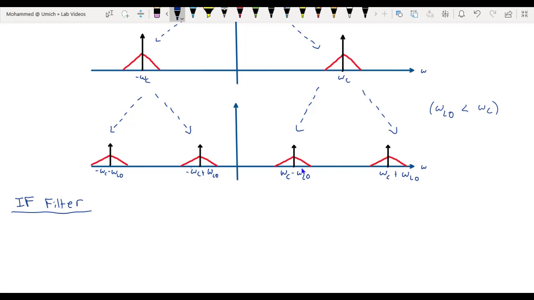Now notice that by choosing a certain local oscillator frequency, we can use the local oscillator to shift the frequency of the modulated signal so that it passes through the IF filter undistorted.